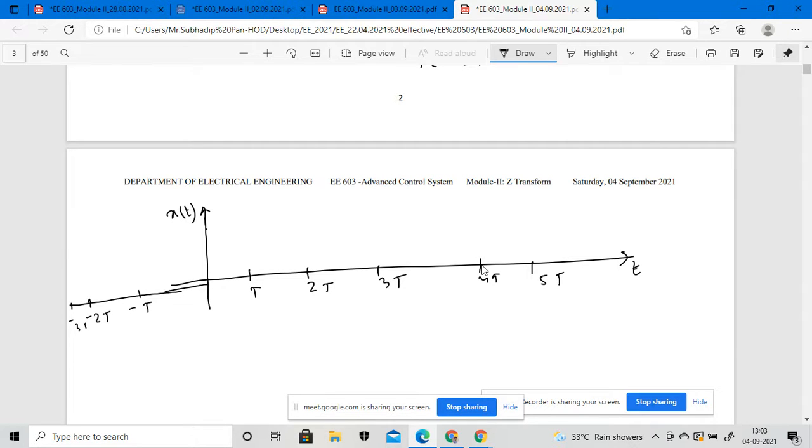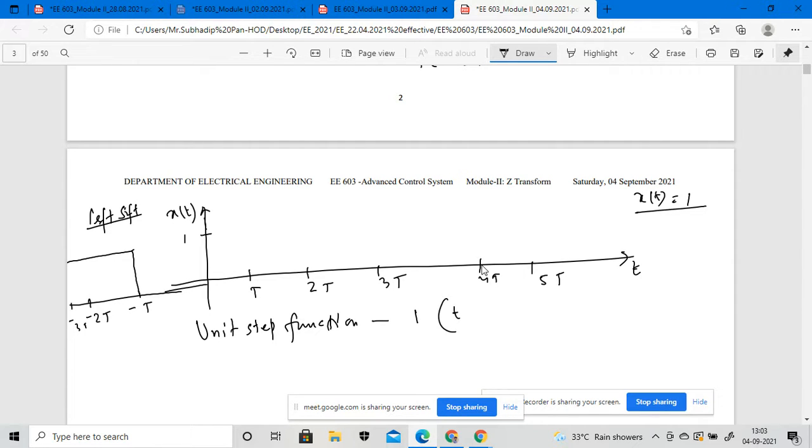So for the left shift, the value of x of t is equal to 1. If it starts from there, then the value of the unit step function will be considered as 1 into t plus T.